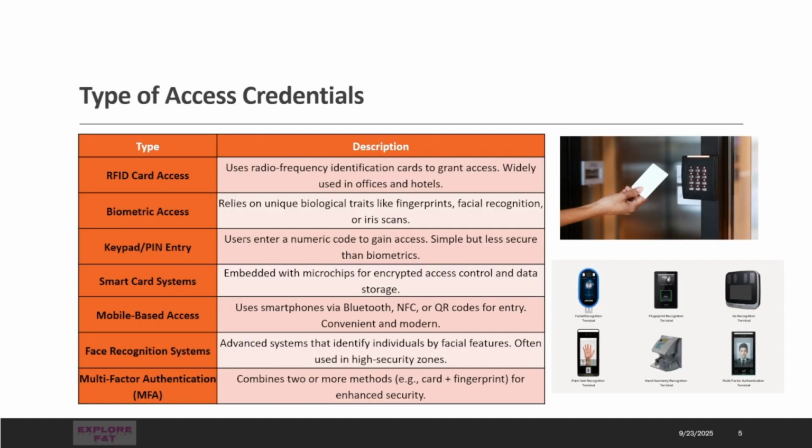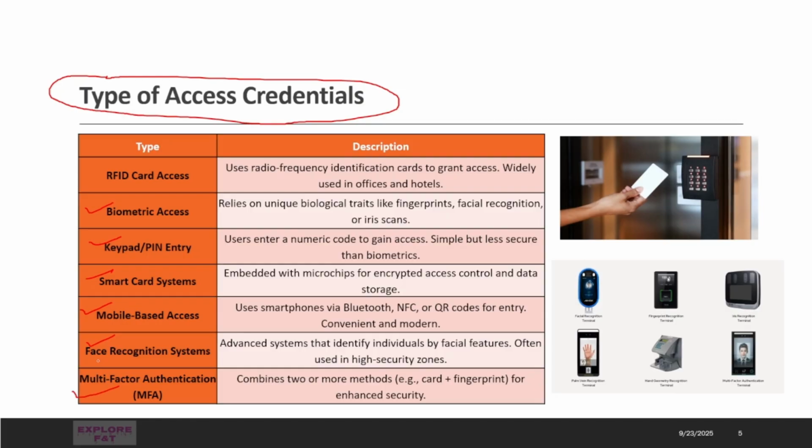Okay, these are the access credentials. Access credentials means what type of credentials we use to show on the reader, and then the reader will acknowledge and send the signal to the controller. Here: RFID card access, biometric access, keypad PIN entry, smart card, mobile access, face recognition, and multi-factor authentication.